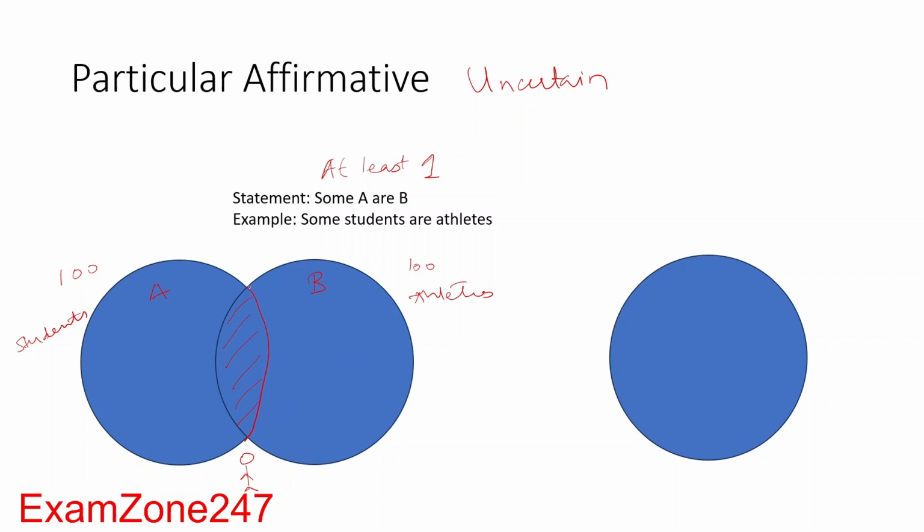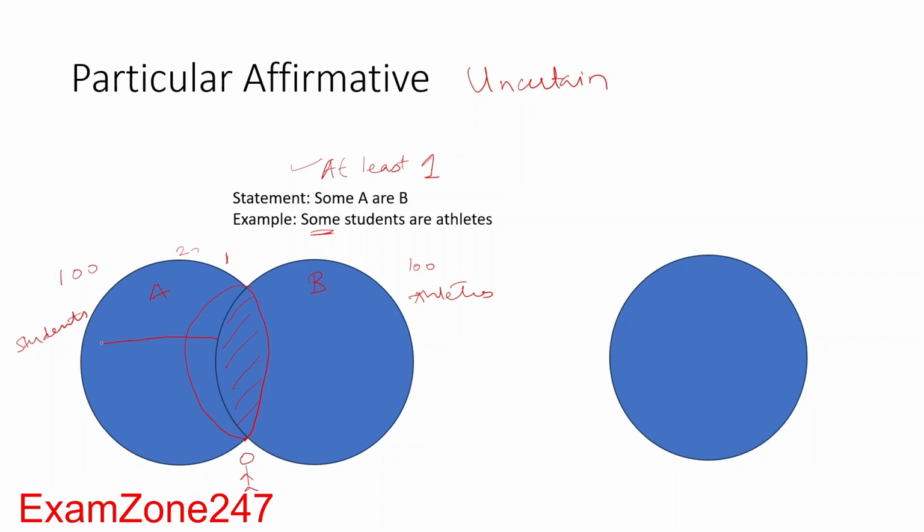Now this possibility, that only this much part you have taken, is not defined anywhere. You know that at least one should be there, but there is no limit as to how much it should be. Out of this, at least one student should be there. So I can even extend this and say, oh no, 20 students should be there or 30 students should be there.